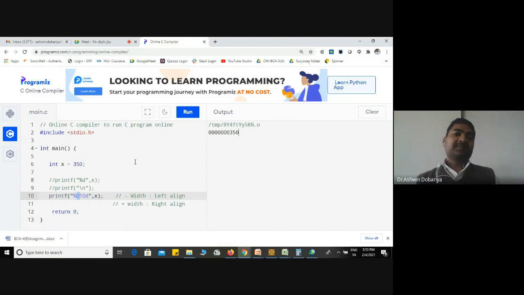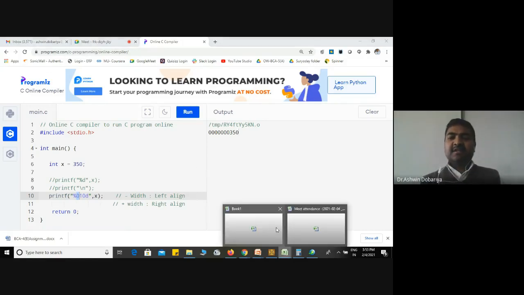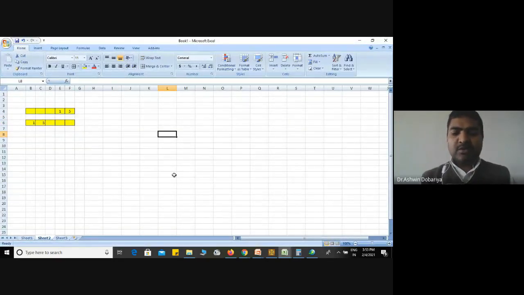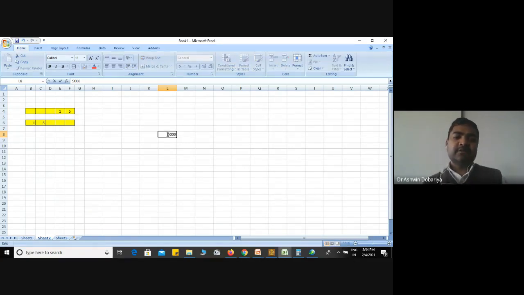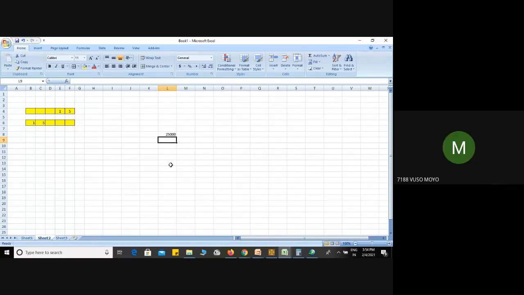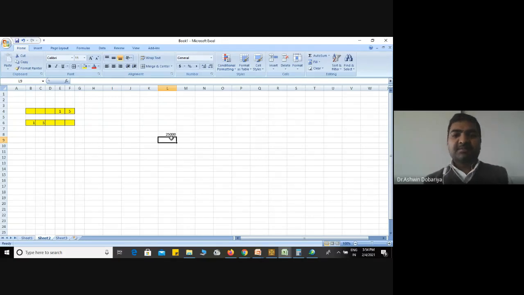For example, suppose I want to withdraw only 5,000 amount, and if I mention only 5,000 and someone just adds 2 over here, what will happen? The amount becomes 25,000. But if you mention your amount with the zeros in front, then the amount remains 5,000. No one can change it. It is something like that.